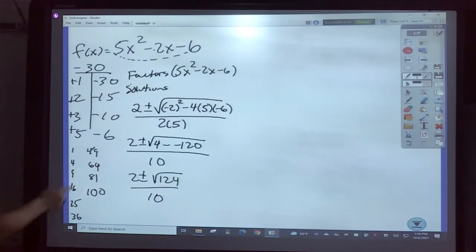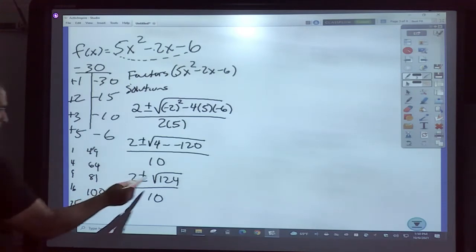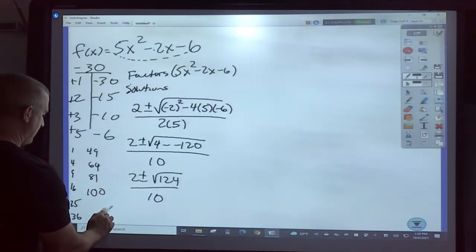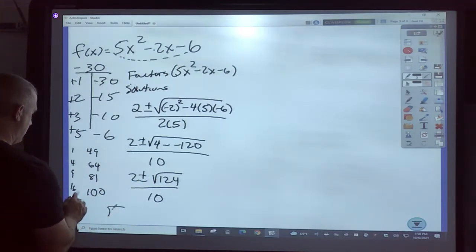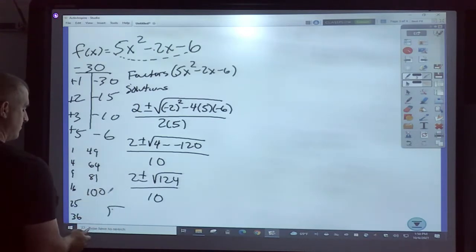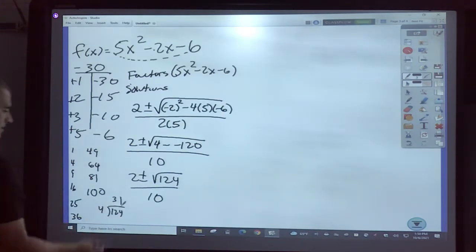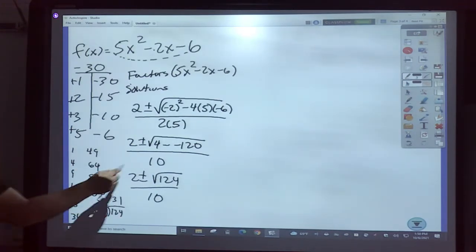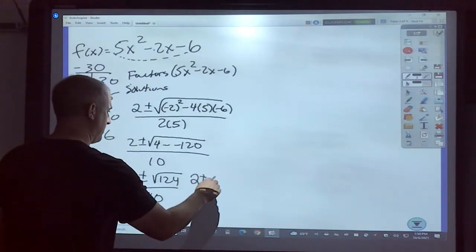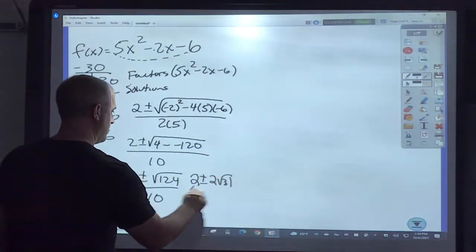I think your best bet is probably 16 and 4. Let's see if you can divide 124 by 4 is 31, and that's a prime number, so that's good. So what would come out of that is 2 plus and minus 2 square root of 31, all over 10.